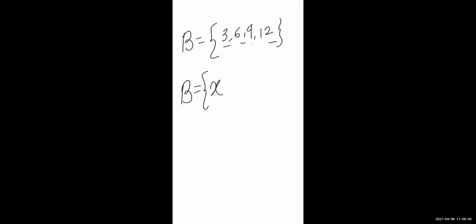Every element is called x. And how is that x? Such that every x is a multiple of 3. Means 3 into 1, 3 into 2, 3 into 3, 3 into 4. Like this, no? Means 3 into number, 3n.